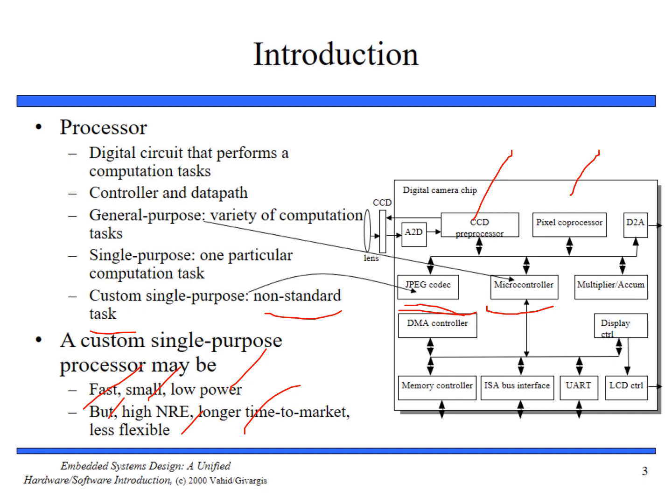So the performance and size could be worse. Time to market may be longer, flexibility reduced compared to general purpose processor. So we have drawbacks of time to market, flexibility, NRE cost, and size and power.